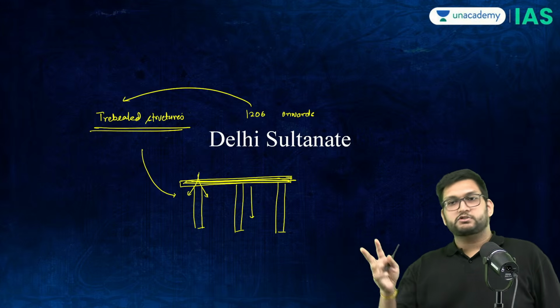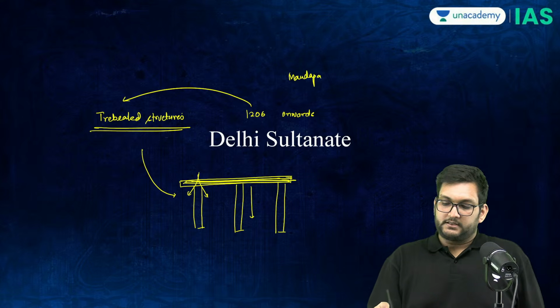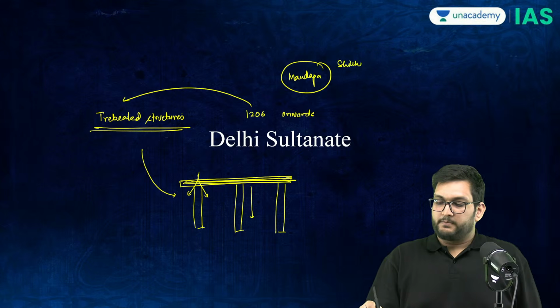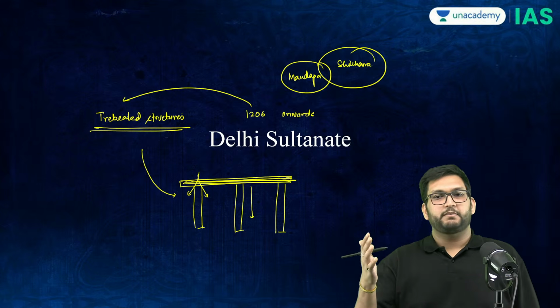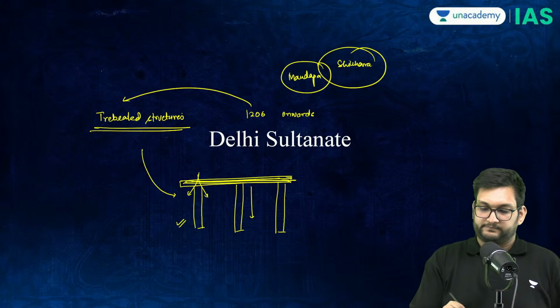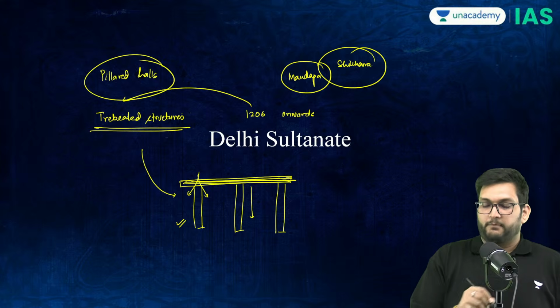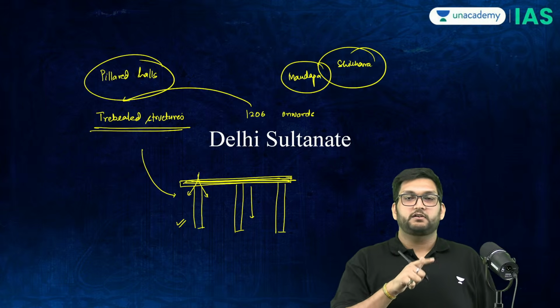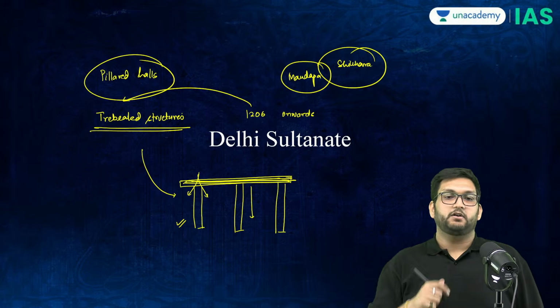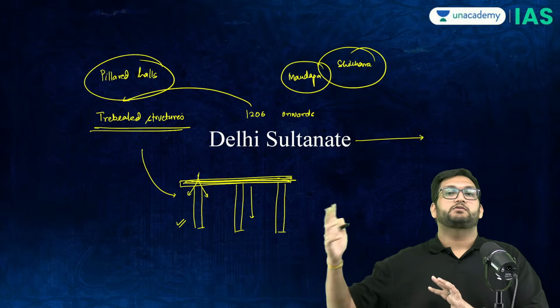And most of the buildings which we see, be it the mandapas, be it the shikharas, be it the Ardh Mandap, they all have this very interesting feature, which is their pillared halls. Now, pillared halls is a very interesting feature of the early medieval architecture or ancient architecture. But Delhi Sultanate changes this concept.